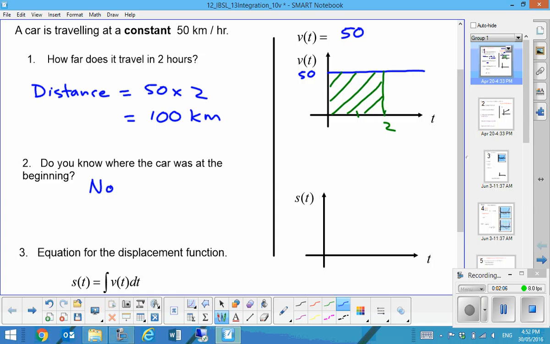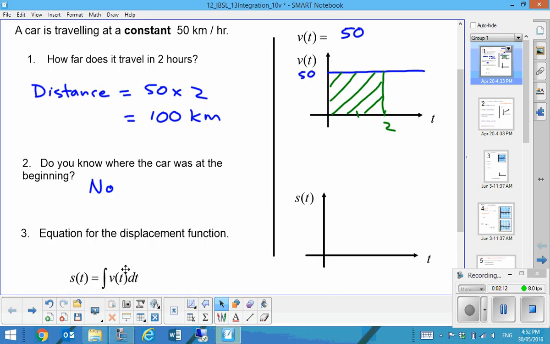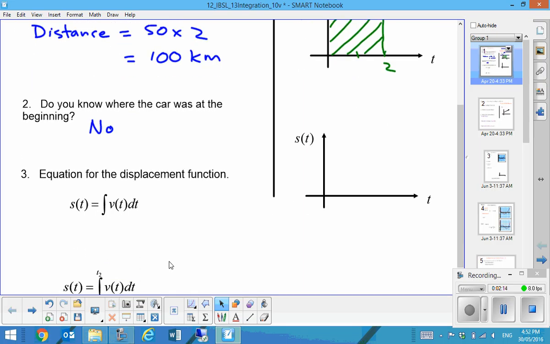So if I wanted to integrate, I'm sort of running two columns here, with the storyline and then what we do with our graph. So in terms of distance in relationship to time, how far it's travelled, we want the integral of our velocity function. We can see that's the area under the curve.